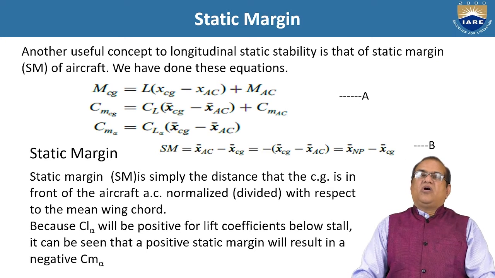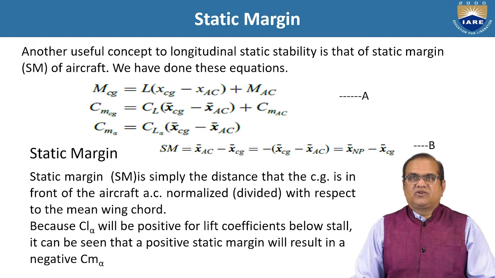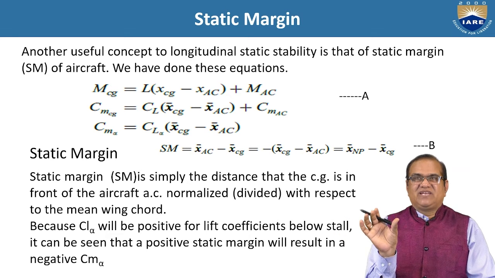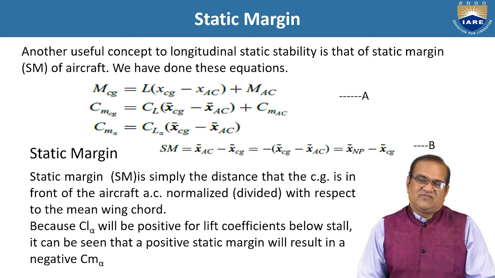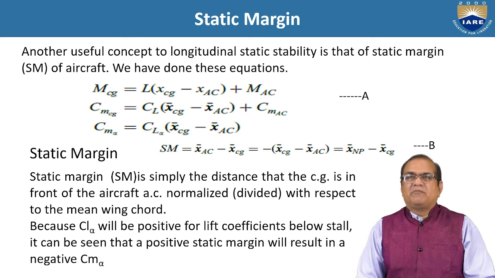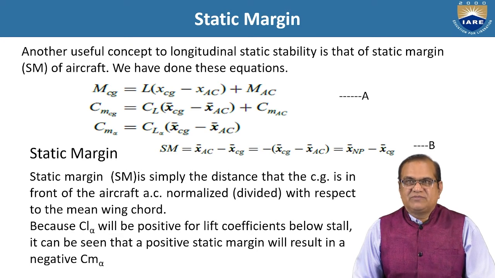That is, the moment with respect to the center of gravity is equal to L times the difference between the aerodynamic center and the center of gravity, that is xCG minus xAC, plus the moment with respect to the aerodynamic center.